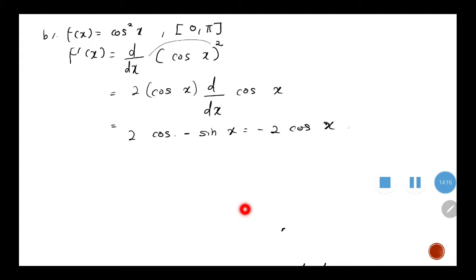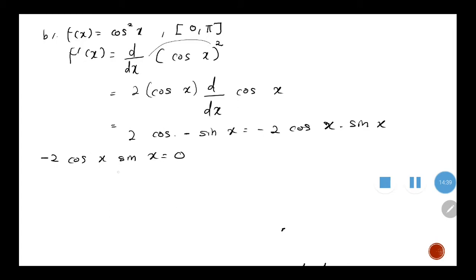Okay, clear? So now remember what we should do next. I'm going to continue here. Equal the equation to 0.